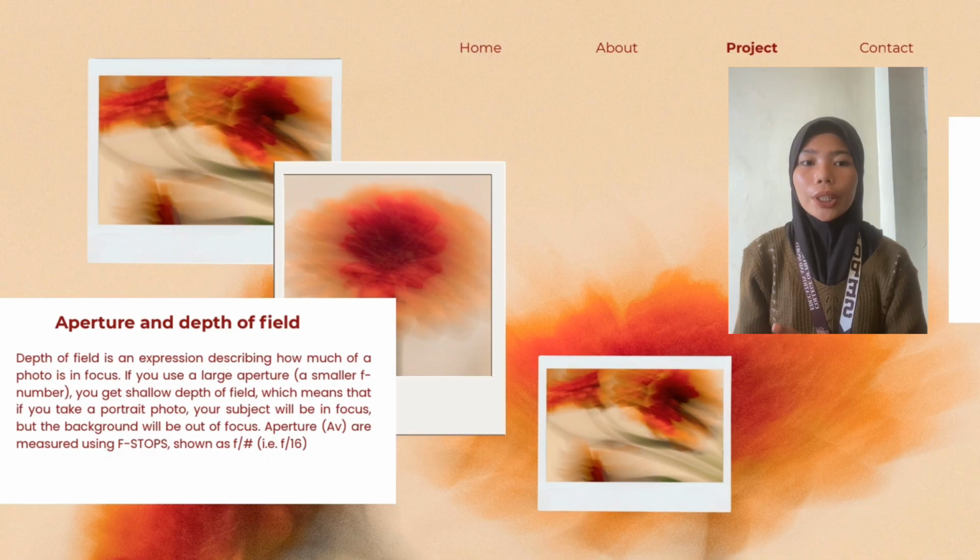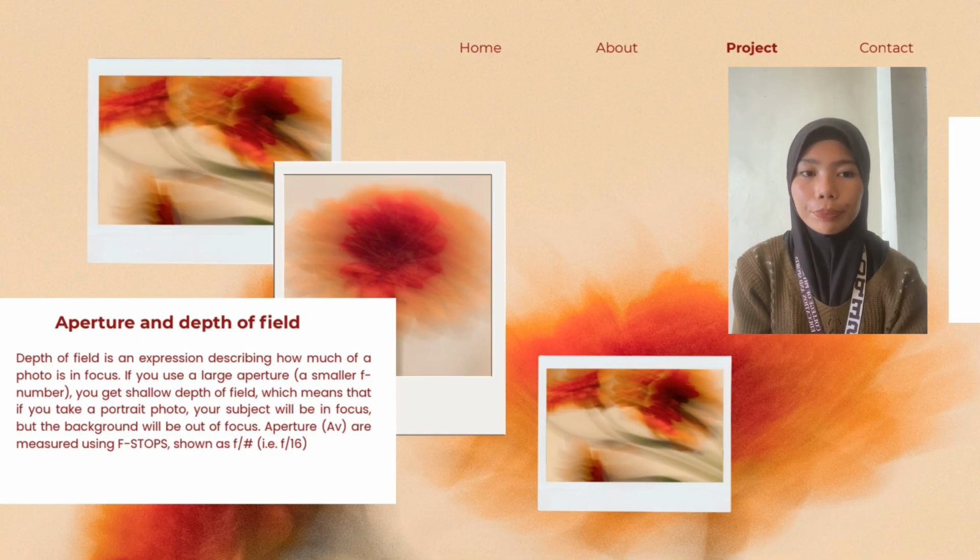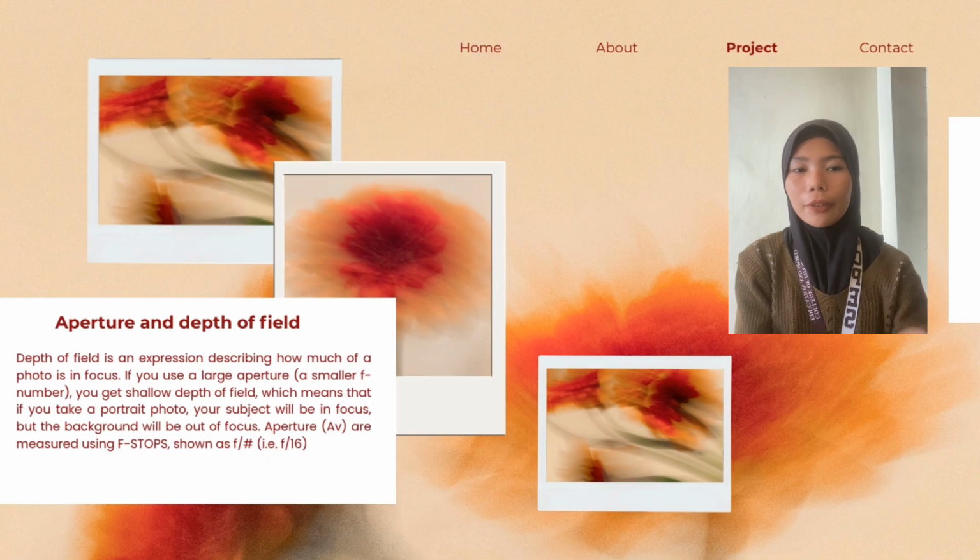It can be either shallow, which means only a small area is in focus and the foreground or background is blurred, often used for portraits, or deep, where a large portion of the scene is in focus from the foreground to the background, used for landscapes.